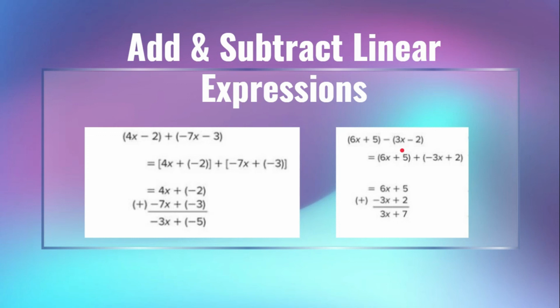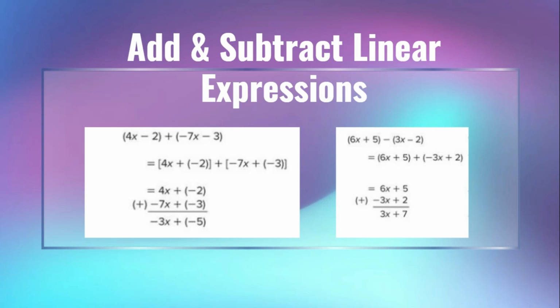The second expression is being subtracted. Since subtraction is the same as adding the additive inverse, we are going to rewrite the expression using the inverse of the coefficient and the constant.